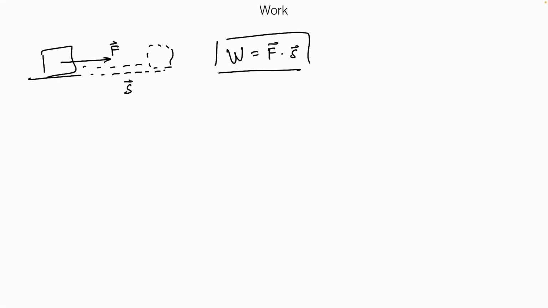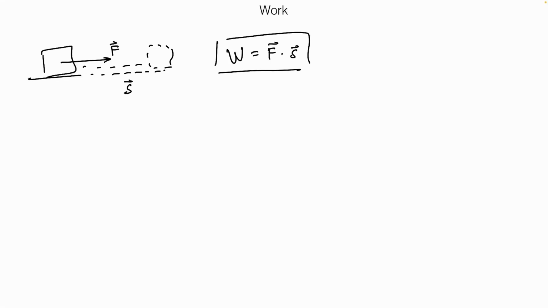That will give you another vector, but the dot product does not. In that sense, it strips away the vectorness. So what is work? Is it a scalar or a vector? It's a scalar. What's energy? It's a scalar. Which is nice, because then we don't have to worry about directions.